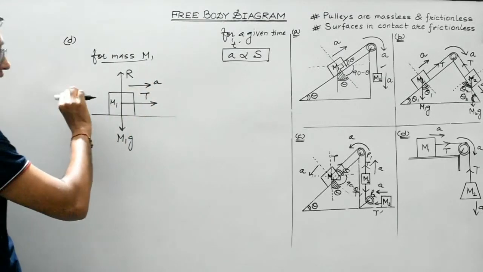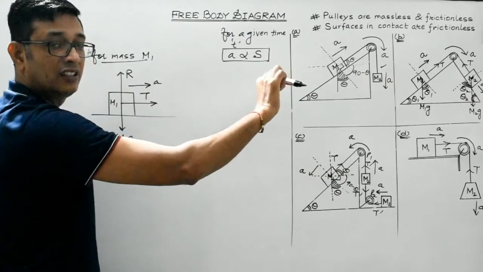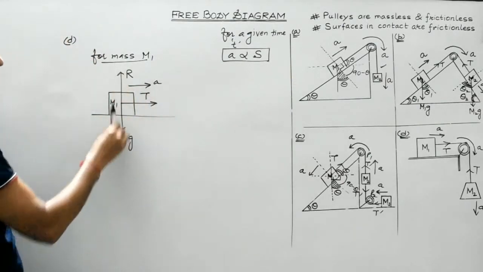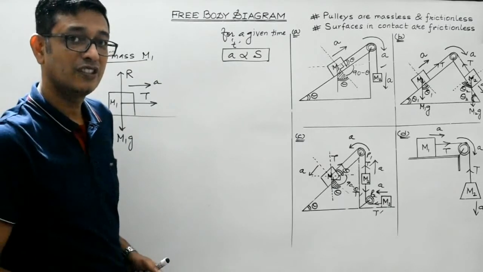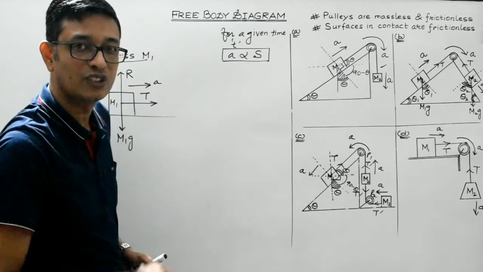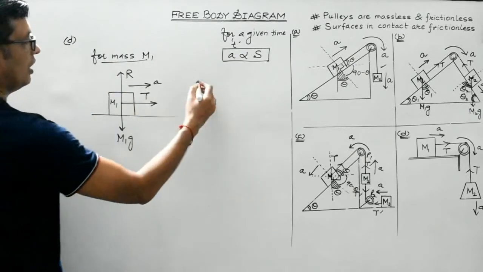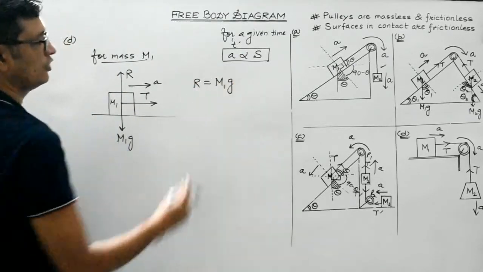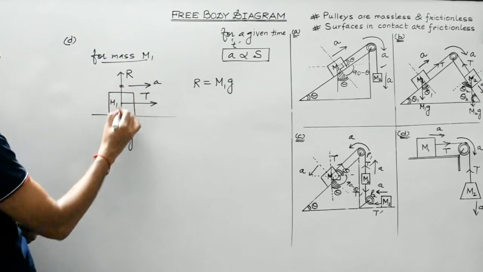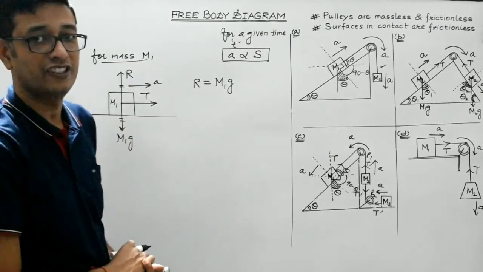Now this body is getting accelerated towards right. It is only having horizontal motion and vertical motion is 0. So obviously, in the vertical direction, the body must be under the influence of balanced forces, isn't it? So R must be equal and opposite to m1g. So these two forces must be nullifying the effect of each other, right?